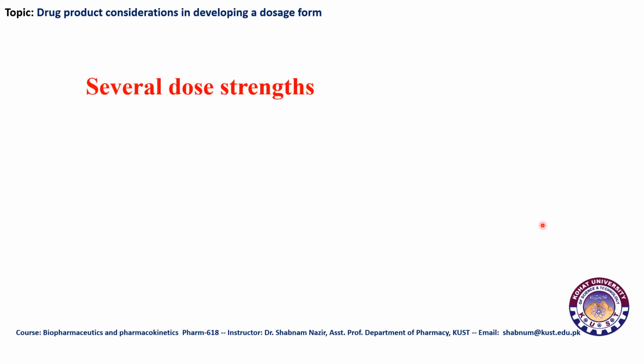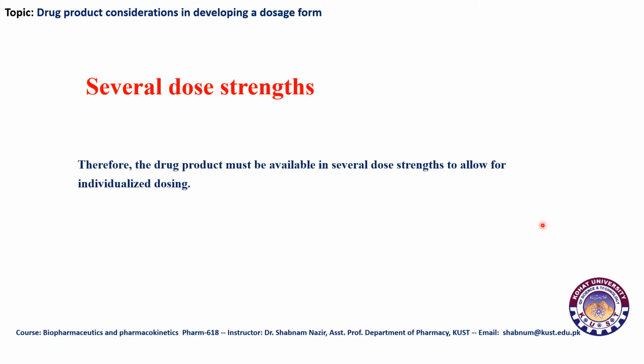So, several dose strengths. As we were discussing, various factors will be affecting the dose, and intersubject variability also plays an important role in the selection of a suitable dose. So it would be a brilliant idea to design whatever drug product is to be available in several dose strengths.